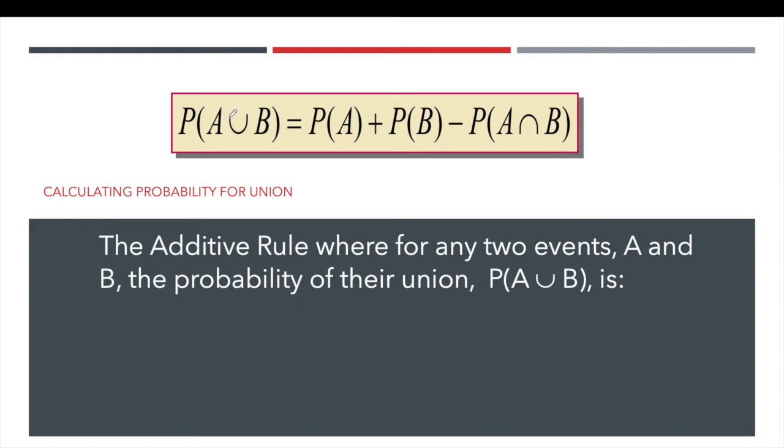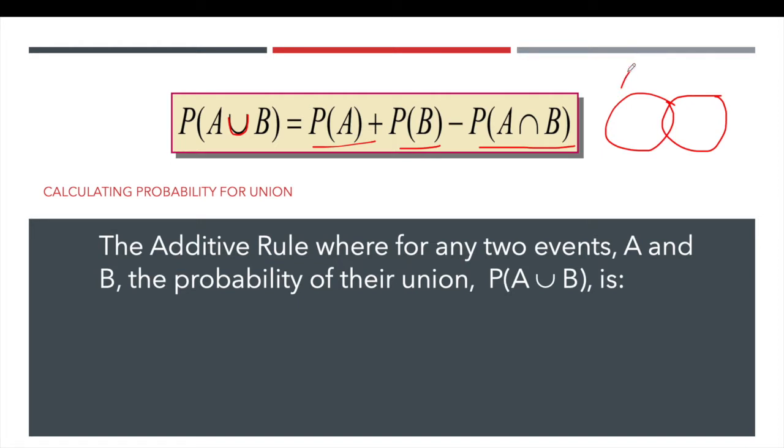So this is the union. The probability for the union A and B equals probability of A plus probability of B minus probability of A intersection B. I mean to say that this is A, this is B, for example.